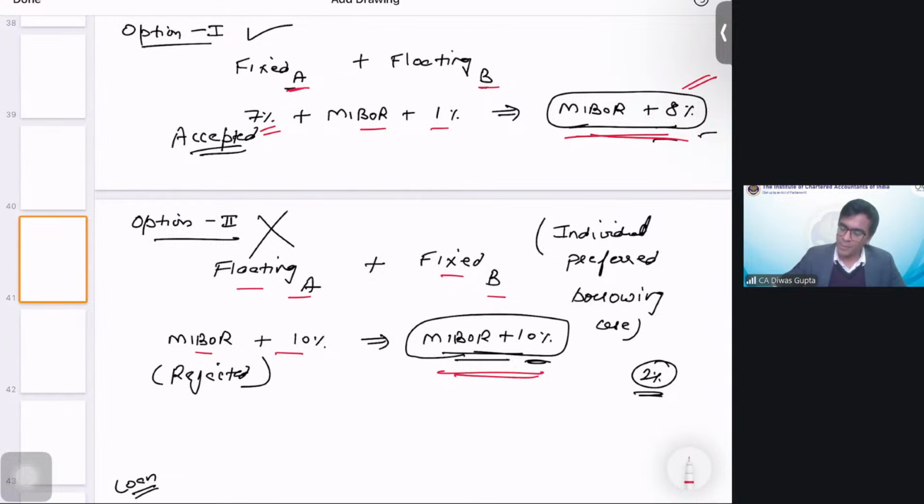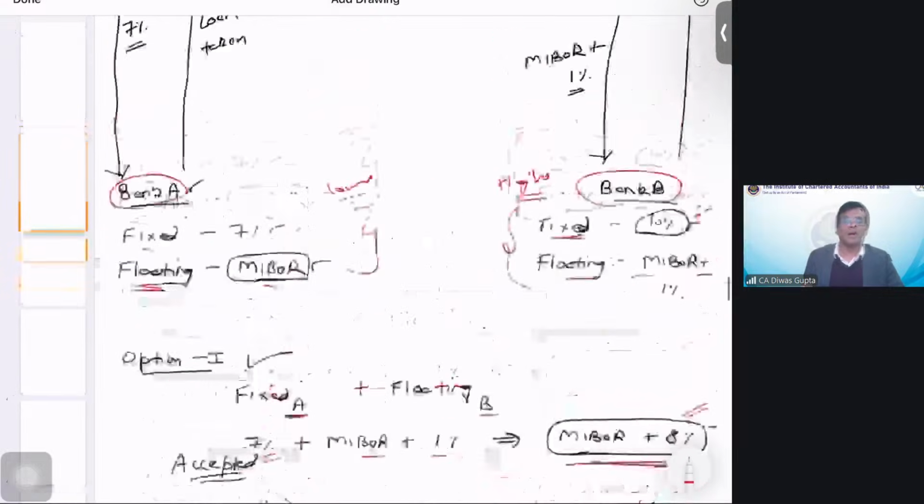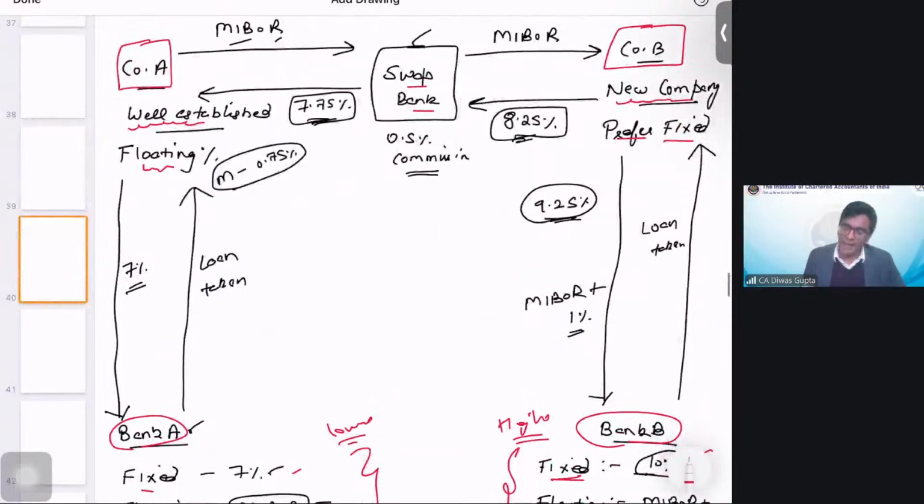So in option 1, they were having MIBOR plus 8%. Here they are having MIBOR plus 10%. So that means option 1 is cheaper. Option 1 is actual borrowing opposite to what their preferences are. So there is a 2% saving. Now see how the swap bank actually constructs a product.